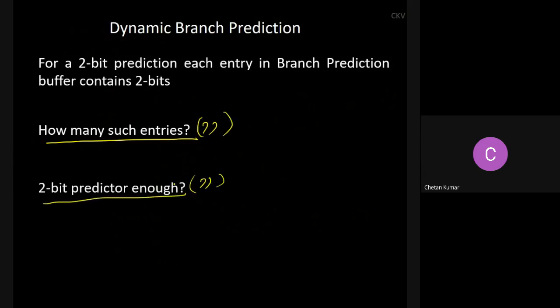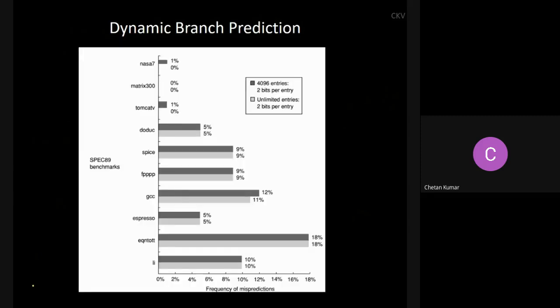People have run benchmark applications on these branch predictors and come up with this analysis. Carefully observe what this is trying to tell you. One analysis was done with a limited number of entries: there are only 4096 entries. What does 4096 entries tell you?